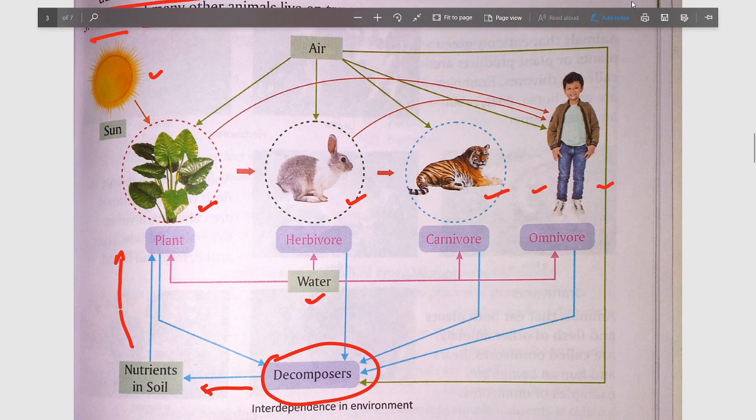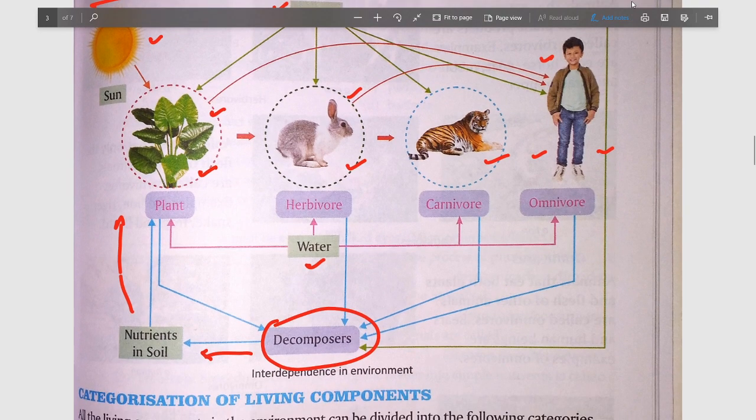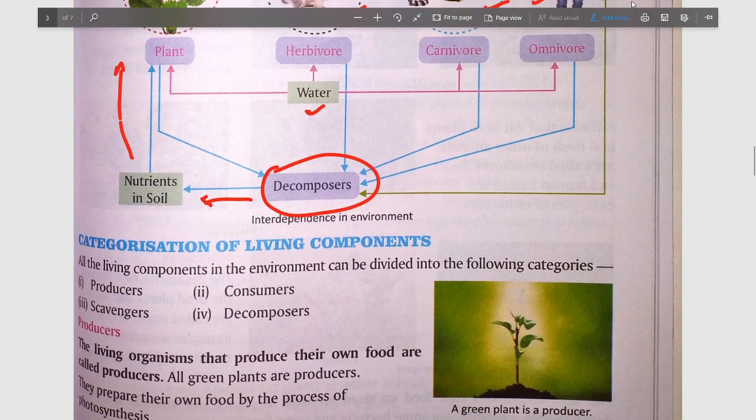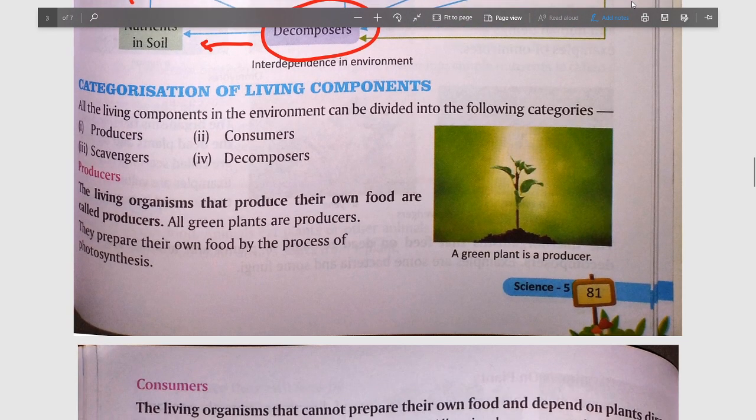And if we talk about air, everybody needs air. You can see every component, whether it is plant or animal or human being, needs air. So you can understand from this chart that every component of the environment is dependent on different components of the environment. So we can say that they are interdependent.